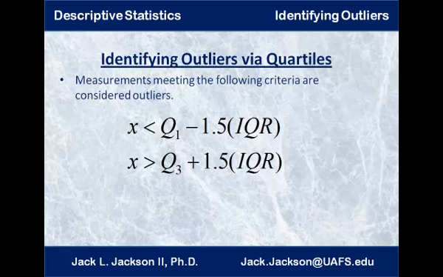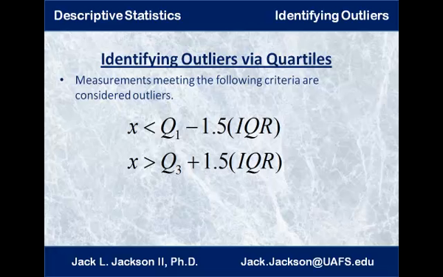If you're down that far, then you're considered an outlier. And if you're equally high, that's also considered an outlier. In other words, if you take the third quartile and you're beyond 1.5 interquartile range above that, that will be considered an outlier.